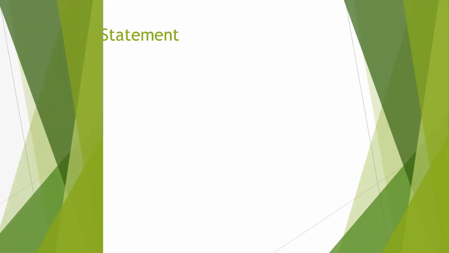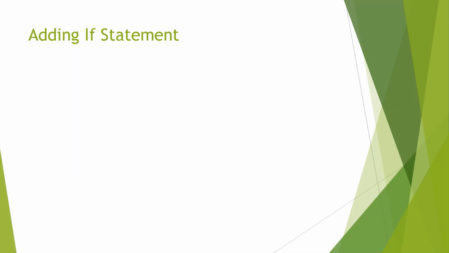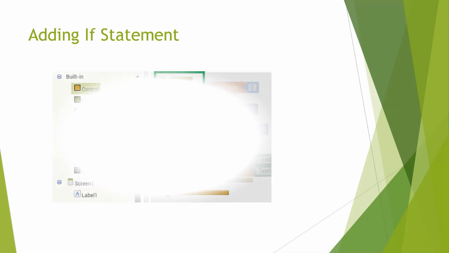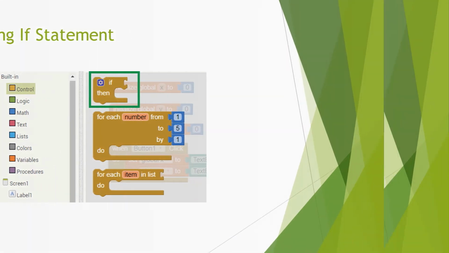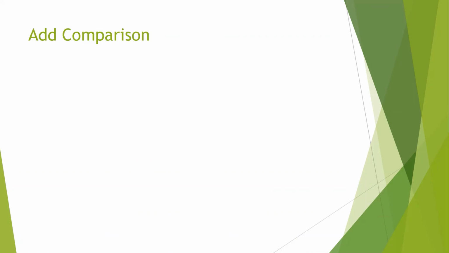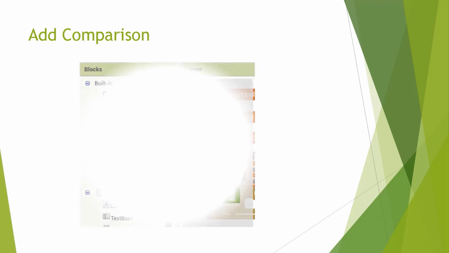Now we will use a condition. From left side Blocks, select Control. Select If Then block. Drag it under button 1.Click event. From left side blocks, select logic. Then select equal operation.